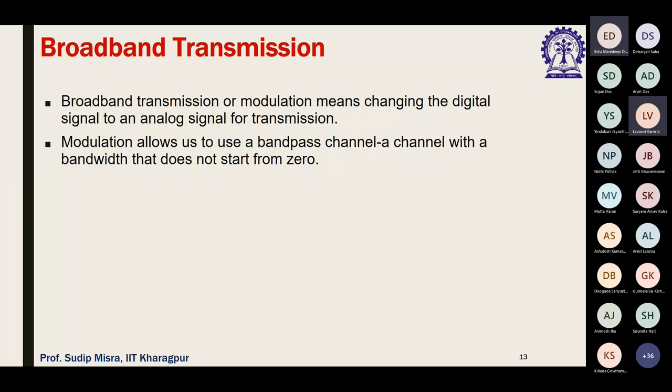In a band pass channel, the frequency range is between f1 and f2, two fixed frequencies, not starting from 0.